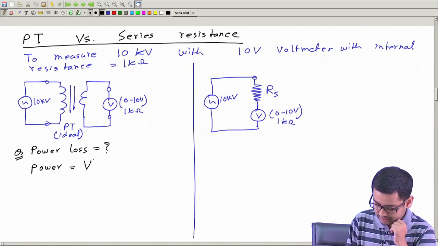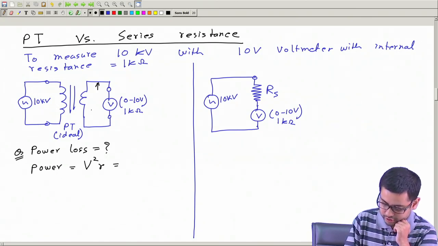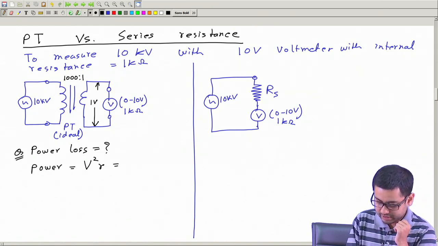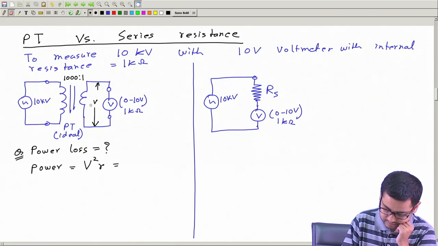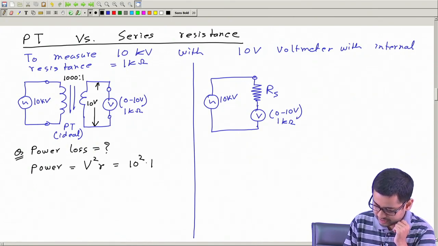V square by R, which is same as the voltage across this voltmeter, and this voltage is 10 volt, because we have taken a 1000:1 PT. So if this is 10 kilovolt, this is 10 volt only. So we can write 10 square divided by 1000 ohm watt.